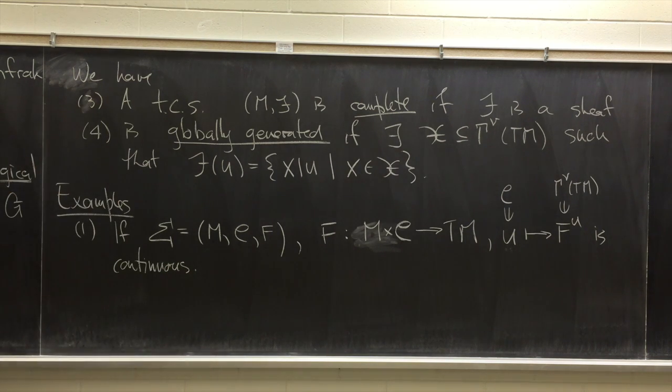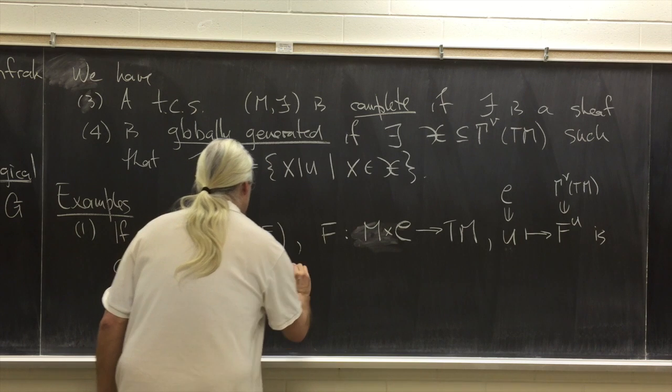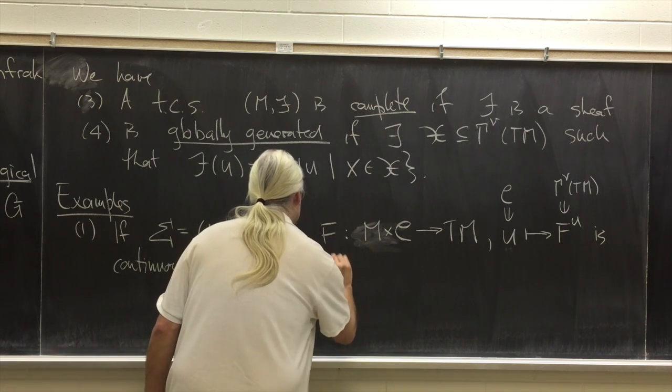This is sometimes equivalent to some standard assumption that people make in control theory, but sometimes it's not, but it's the one that we want. This is the definition of control system that will be useful for us. So this is what we had called a C nu control system before.